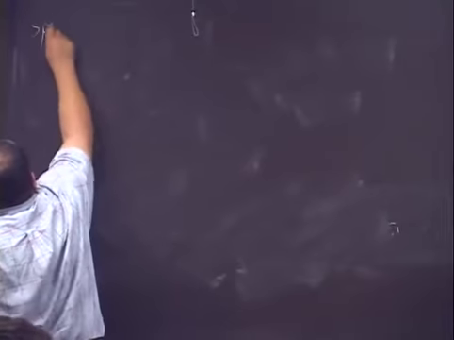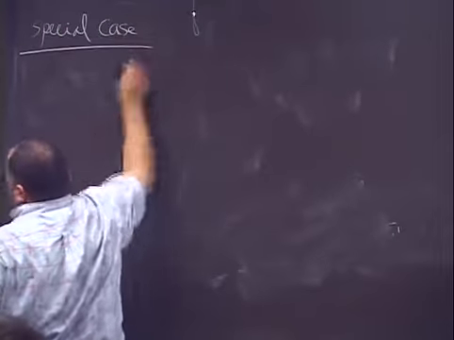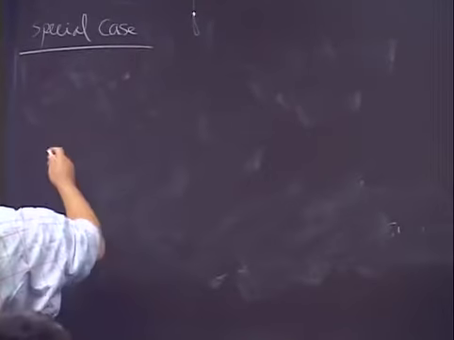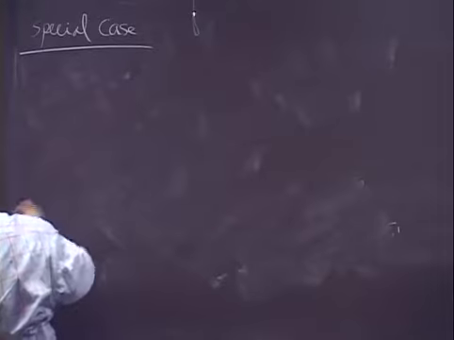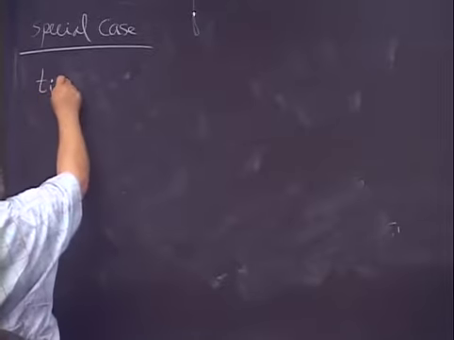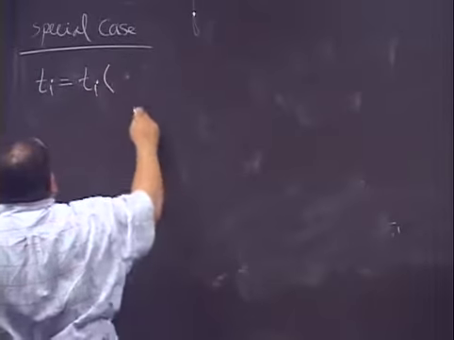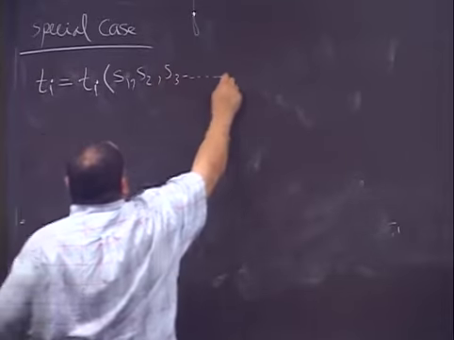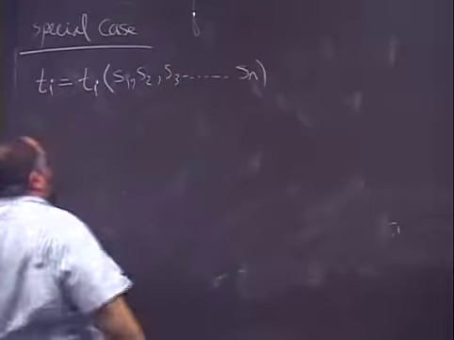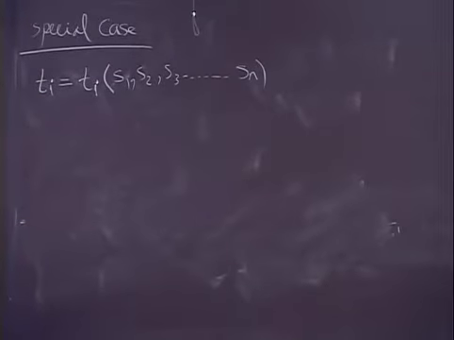So a special case of this is when ti is equal to ti of s1, s2, s3, up to sn. So the function t is another function of s1, s2, s3.